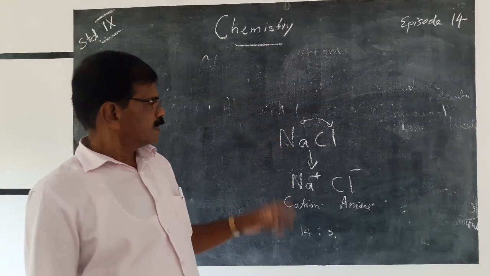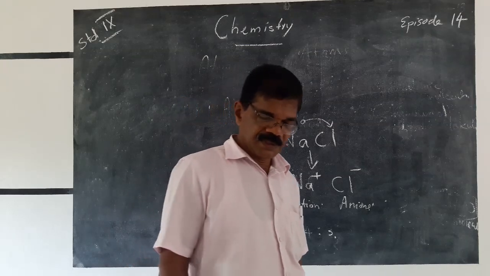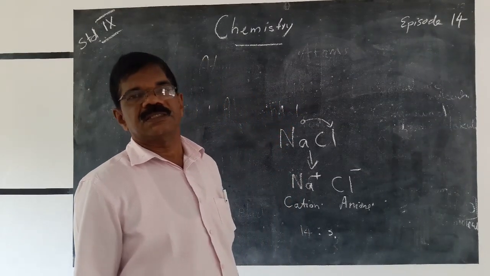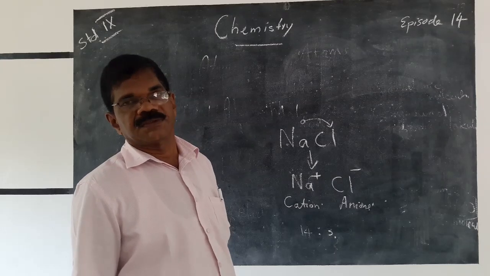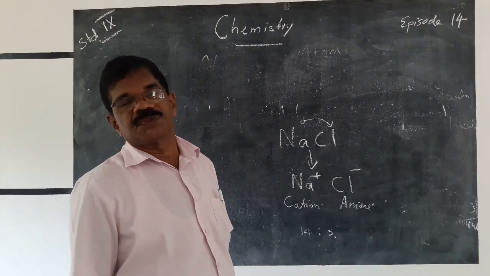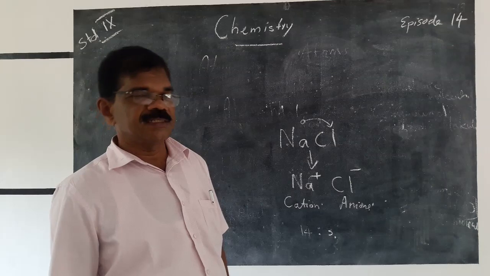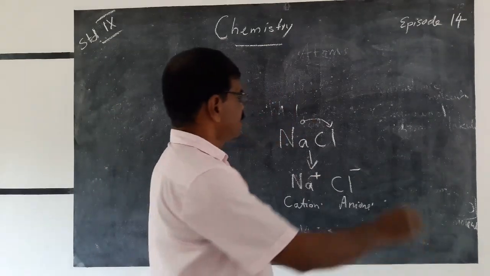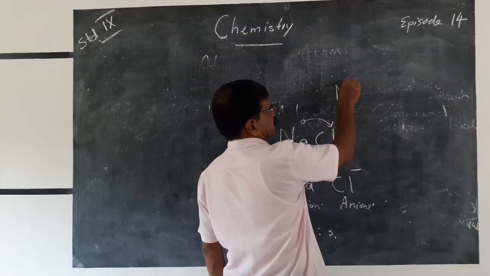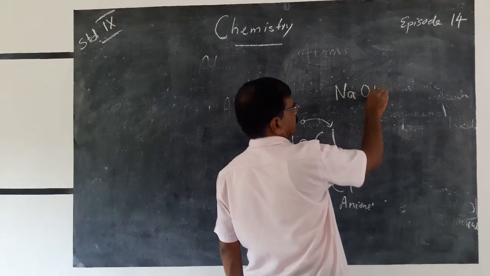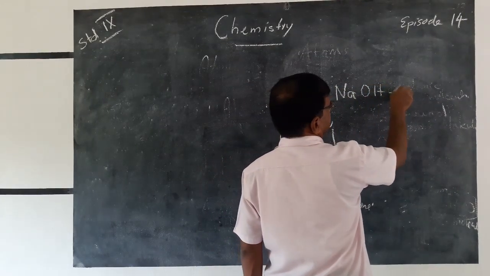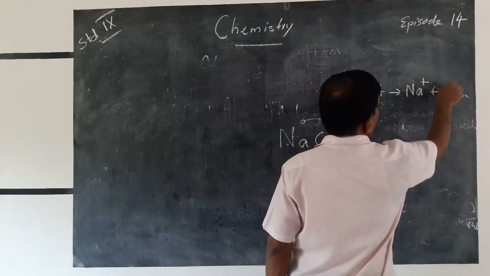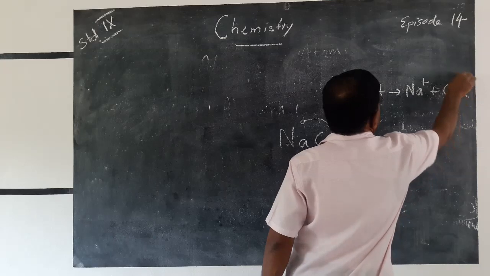Then a group of atoms having a charge is known as polyions. They are also called radicals. Radical means a group of atoms having a charge. For example, NaOH, sodium hydroxide, when dissolved in water, dissociates into sodium Na positive and OH negative.